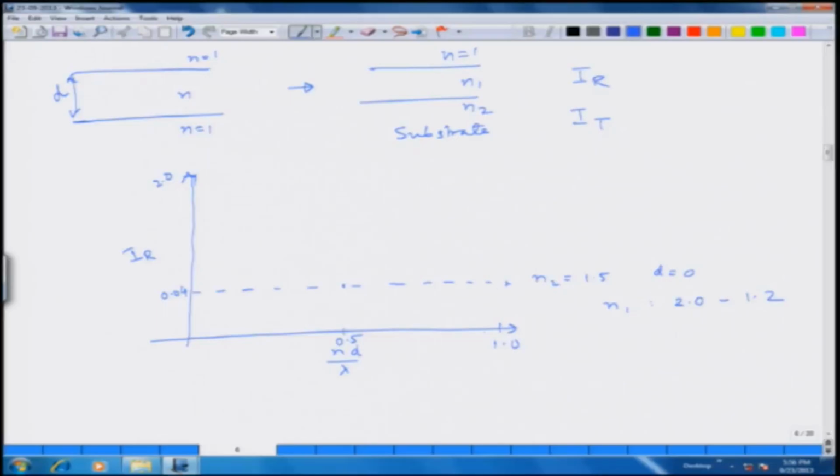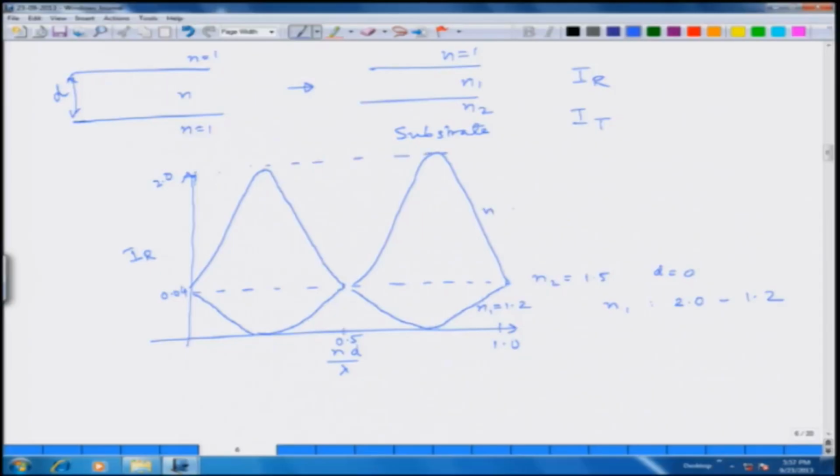For 1.2, this is when N1 is equal to 1.2. When N1 is equal to 2, then I am going to get a very high reflectance, almost going to the fraction up to 2.